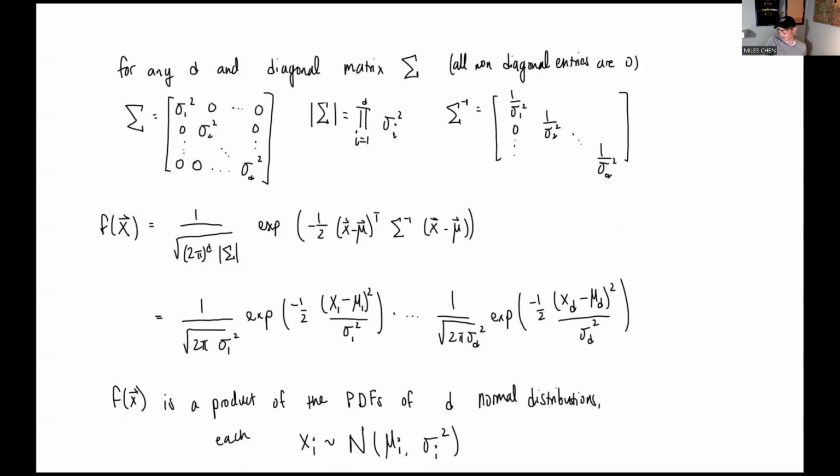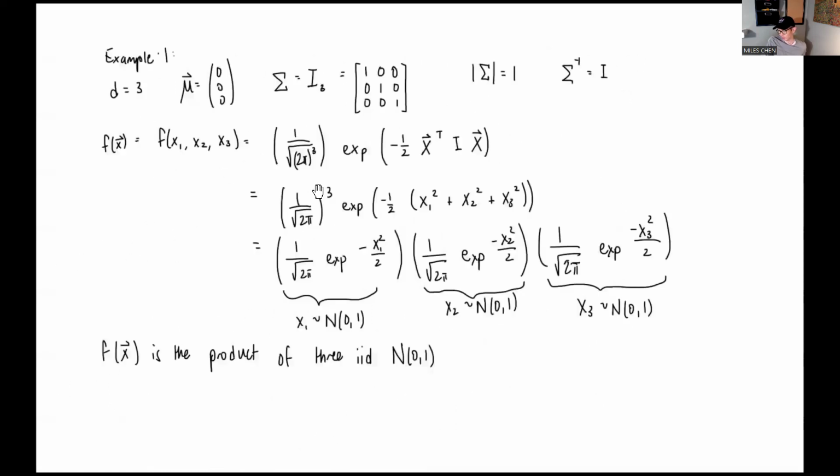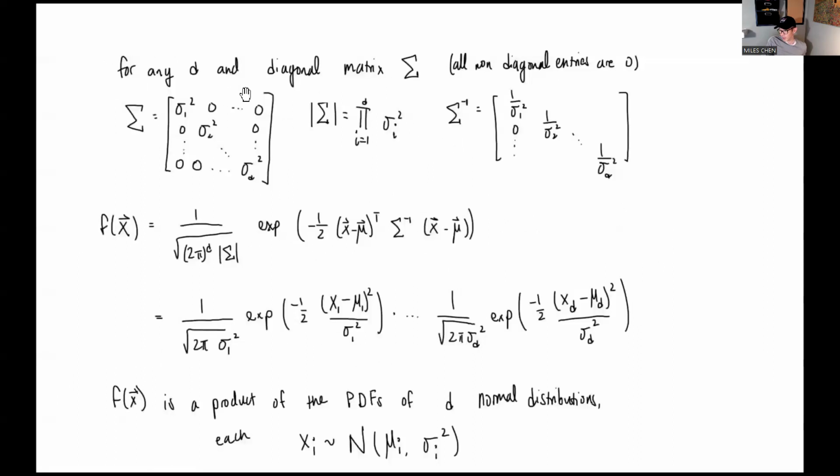They don't all have to have variance 1 and mean 0. You could have a bunch of different means and a bunch of different variances down the diagonal. But if all of the off-diagonal elements are 0, you can factor it out, okay?